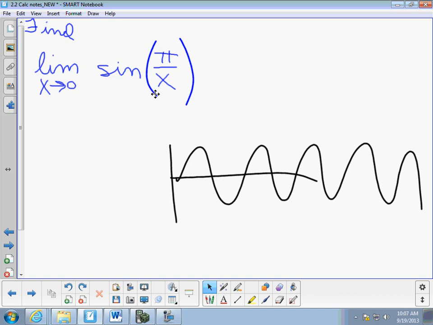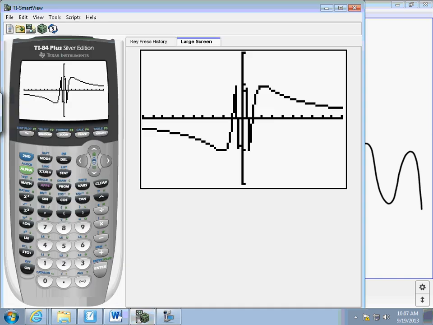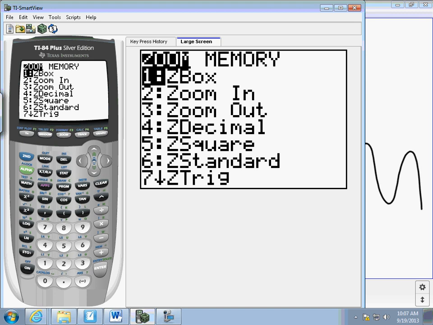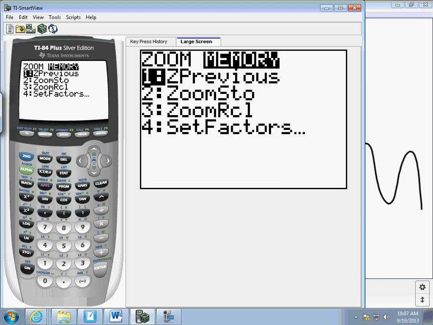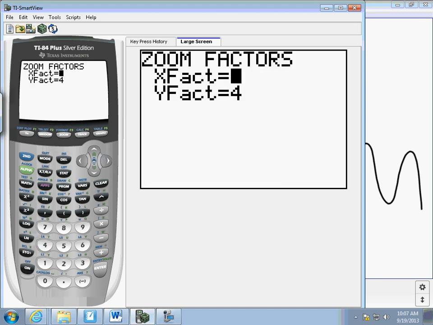And so with this picture, we can zoom in a little bit. You remember how I showed you how to zoom just in the x direction and not the y direction? If I go to zoom and over to memory, we can set the factors, number 4. I want the x factor to change, but I want the y factor to stay the same.